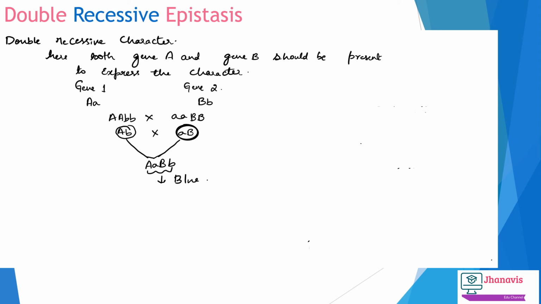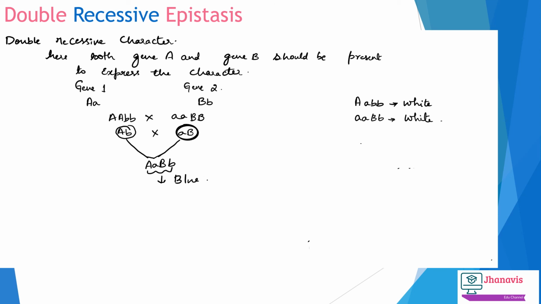So the phenotypic ratio will be 9:7. 9 blue and 7 white colored flowers will be present. Always remember this keyword for this epistasis: when capital A and all the other three, that is small a, small b is present, it always shows white color.